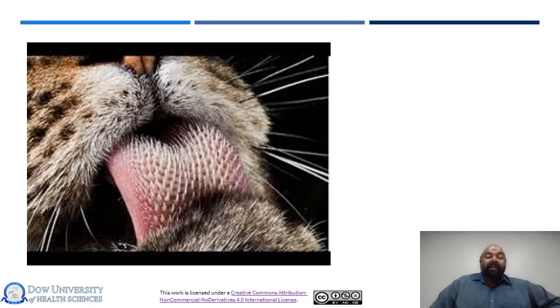They have a stripping function, stripping off the skin as they are very abrasive, and they also act as an absorbent agent for blood. These long filiform papillae are used for absorption of blood of its prey and for stripping of skin from its prey.